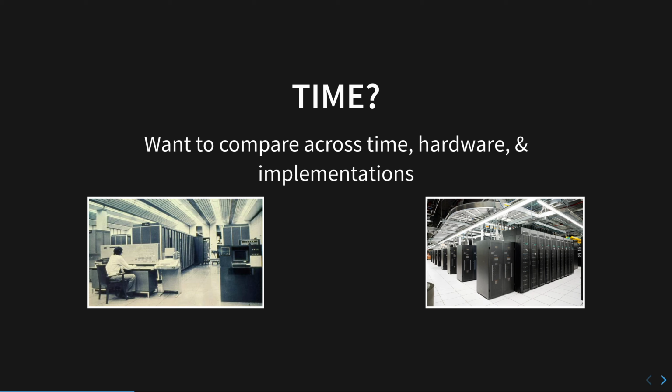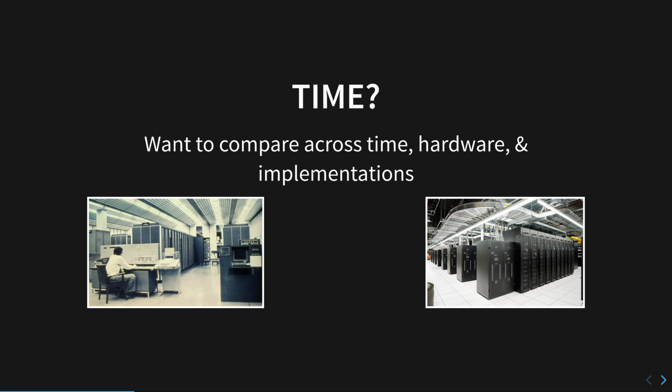So time is really the principal cost, and so we have to think about how we are understanding time with regards to algorithms. I have these two pictures here. One on the left is a mainframe from the 1980s or maybe earlier even, and on the right is a modern supercomputer.